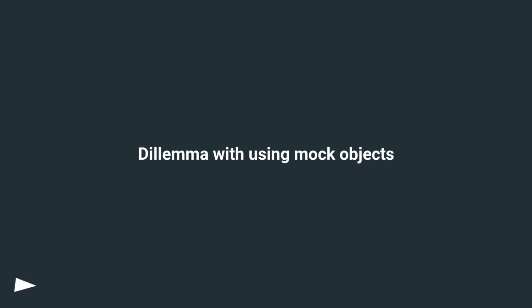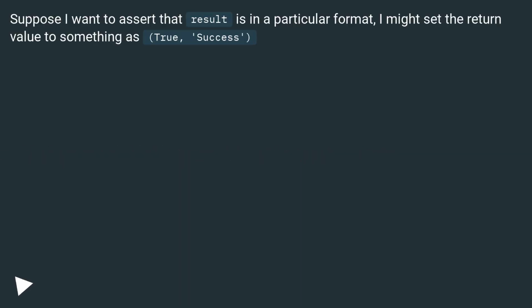Dilemma with using mock objects. Suppose I want to assert that result is in a particular format. I might set the return value to something like True, success.